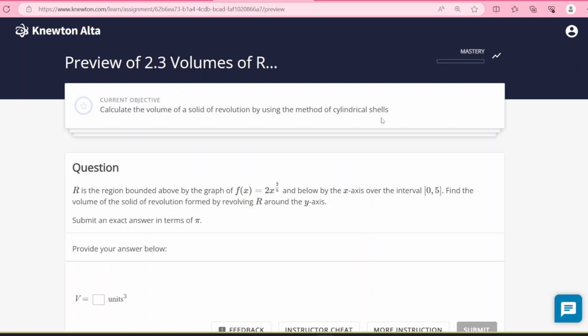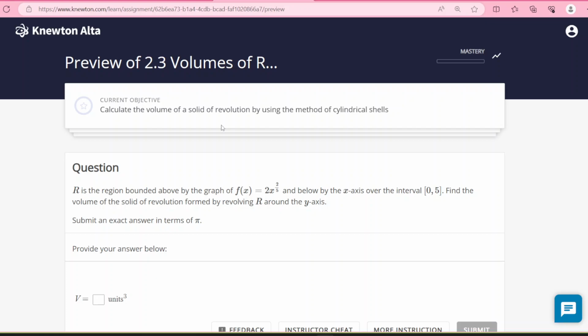If you recall, in section 2.2 from this Newton-Alta Calculus 2 assignment pack, we did volumes of revolution, solids of revolution, where you take a region on the xy plane and then you revolve or rotate it around the x-axis, the y-axis, or some other horizontal or vertical line. That rotation creates a 3-dimensional figure, and you're trying to find the volume of that figure.